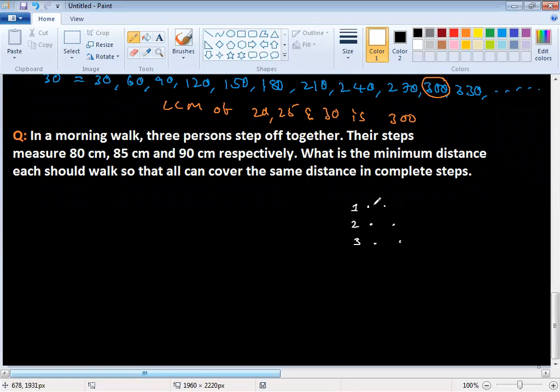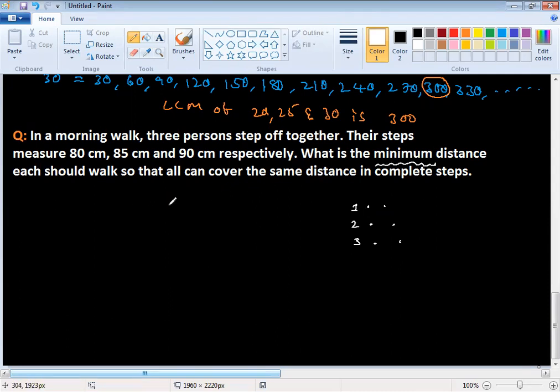So like this, they are walking. Their steps measure 80 centimeters, 85 centimeters, 90 centimeters respectively. What is the minimum distance each should walk so that all can cover the same distance in complete steps?